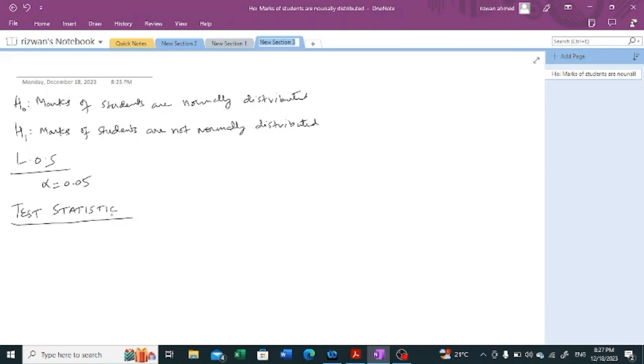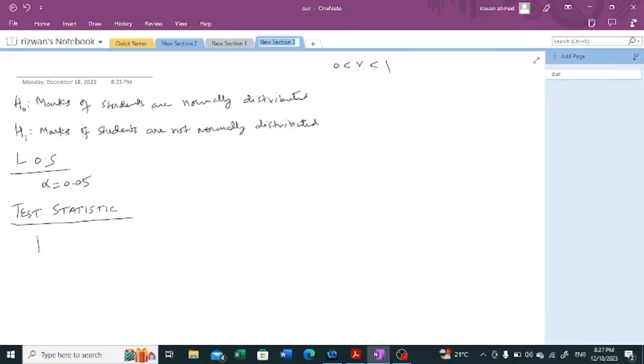And since normal scores are also arranged in ascending order, this is a special case of correlation that lies between 0 and 1. So the coefficient of correlation lies between 0 and 1 in this particular application. It's not from -1 to +1, because when the two variables are arranged in ascending order, this is the possibility to get a positive correlation.